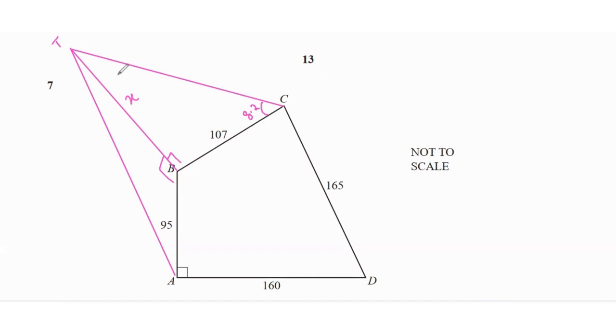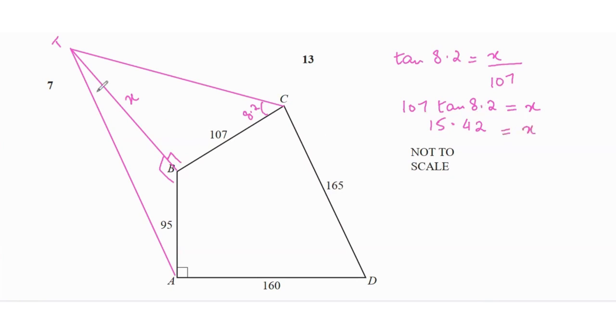We have the adjacent, we need to find the opposite. So tan of 8.2 equals X over 107. 107 times tan of 8.2, and that's going to give us 15.42.